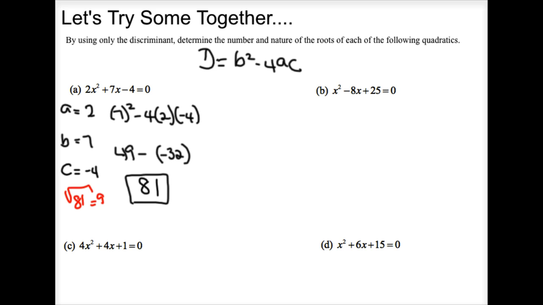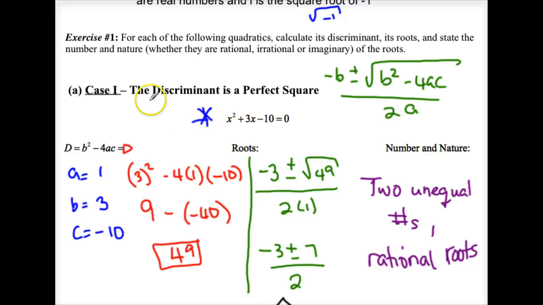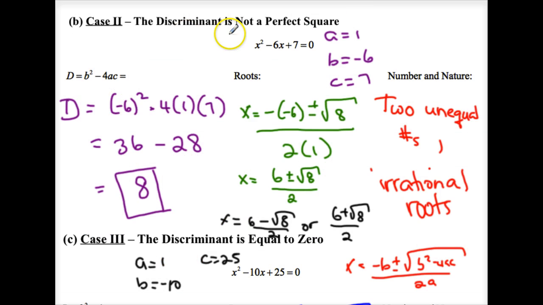What do I mean by case 1? If you go back to the first page, it says the first case is whenever the discriminant is a perfect square, I know it will be 2 unequal rational roots. When the discriminant is not a perfect square, it's going to be 2 unequal irrational roots.